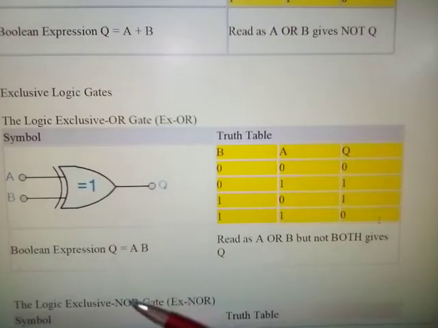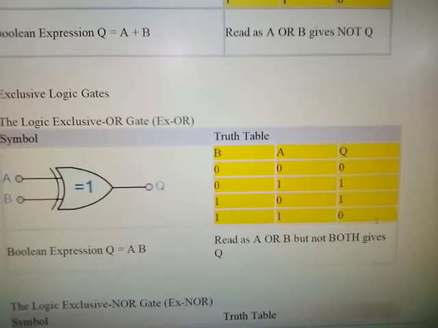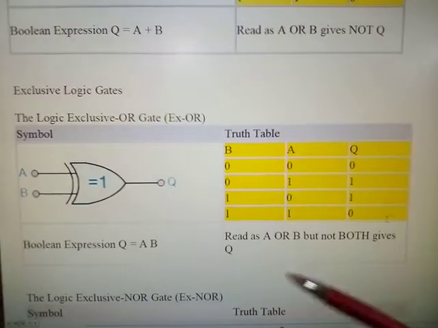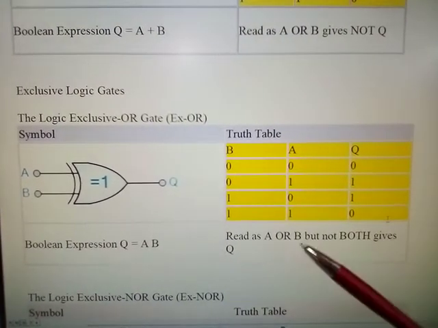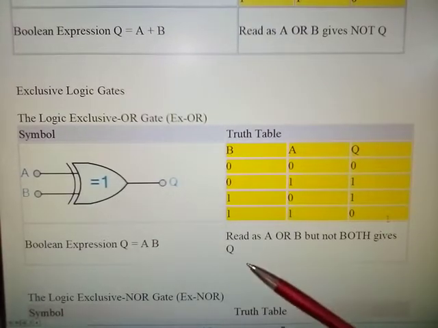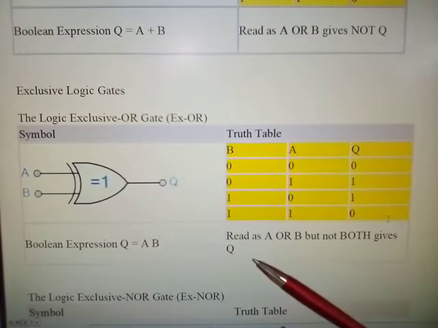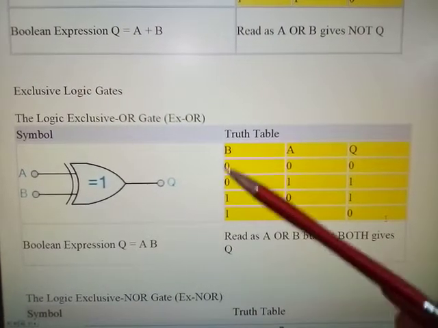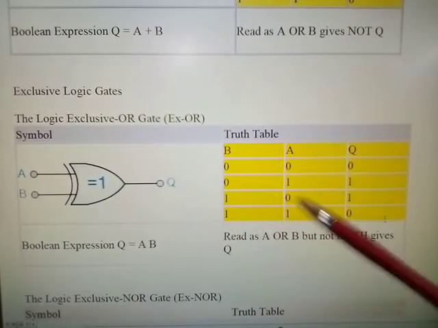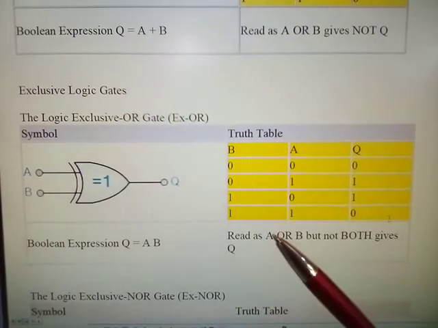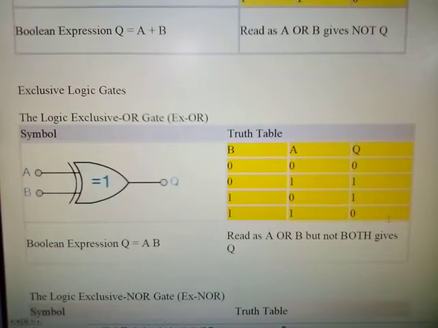I'm thinking of the bar over version. It's okay. I'm just getting ahead of myself. Right now, read as A or B, but not both, gives Q. So simply, if you have a 1 at A or 1 at B, then you'll get a 1 out. But if you have both at logic 1, in this case, you will get 0 output.